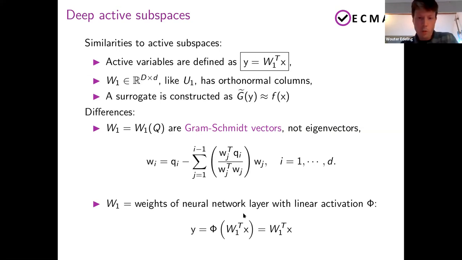If you see, there's a middle expression over here, that's the standard representation of a hidden layer of a neural network. You have the output of the previous layer, which in my case is the input layer, so it's X. You pre-multiply with your neural network weights, and then you apply some activation. And if it's linear, I just get the active subspace back.